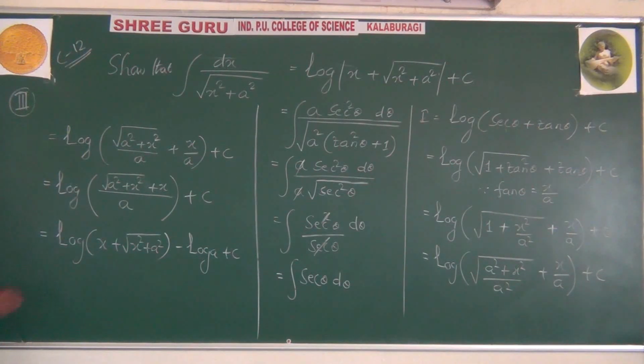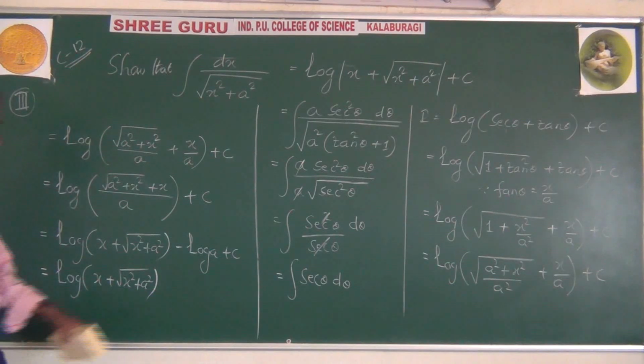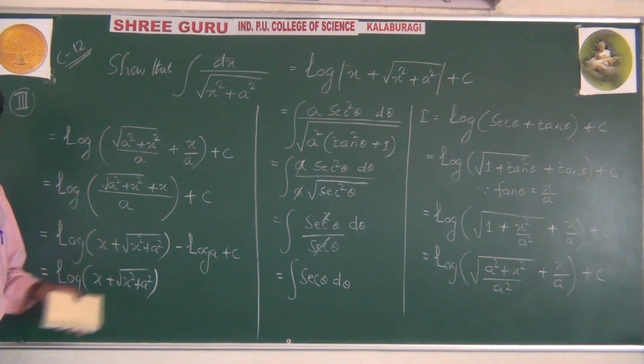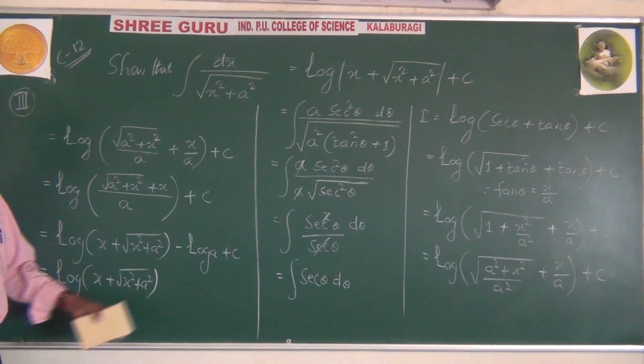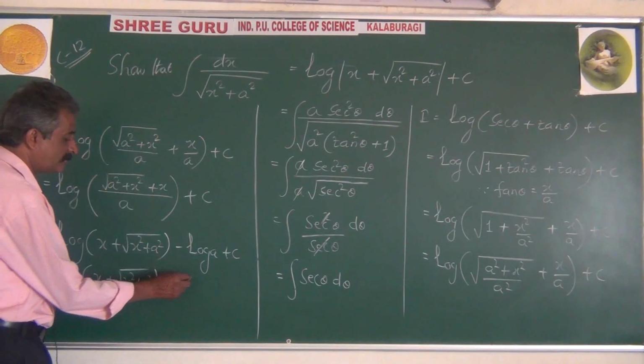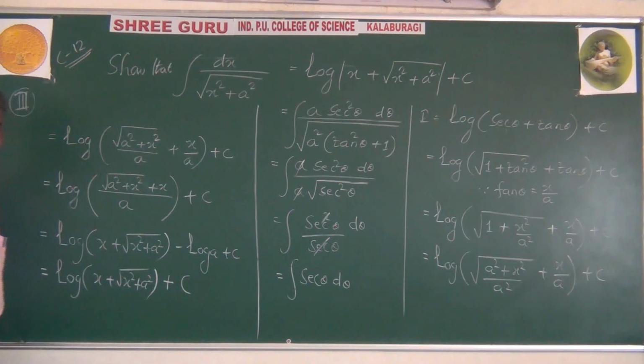Finally, log x plus root x square plus a square. c is constant, log a is constant, sum of two constants is again a constant, so we shall write c minus log a as another constant, say big C. Or you can write a also.